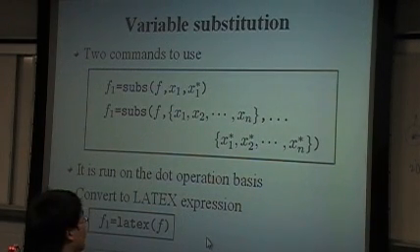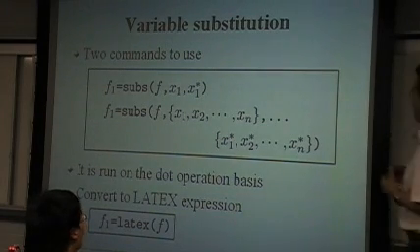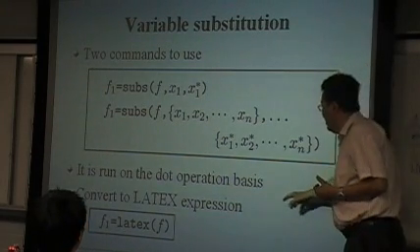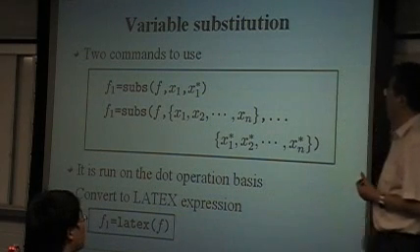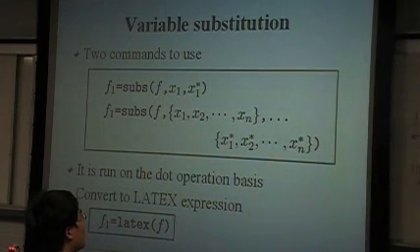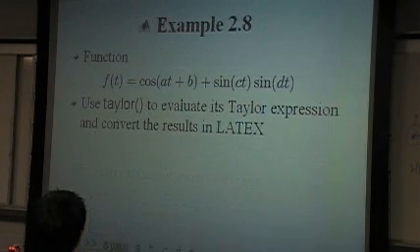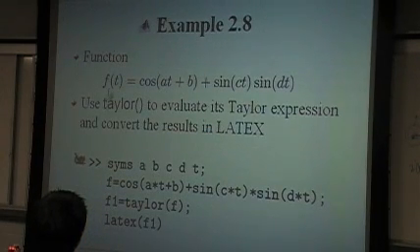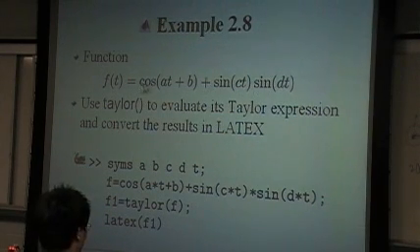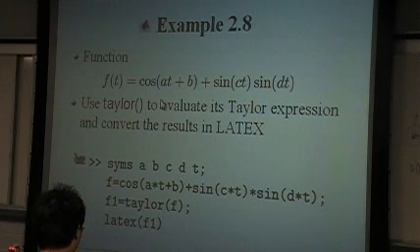The other command, a very interesting command, is to convert the result into LaTeX form, by calling the latex command. And here there is an example. Suppose we have a function like this, and we want to get a Taylor series expression for it.